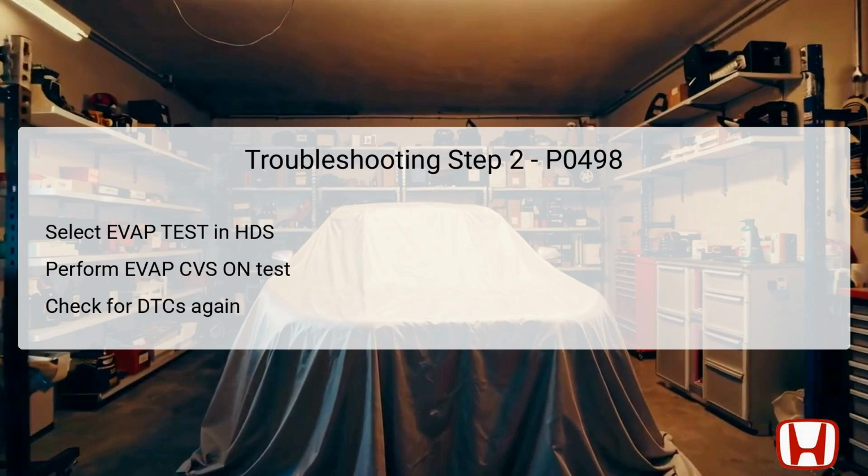After conducting this test, check again for any pending or confirmed DTCs with the HDS. This additional data will help determine if DTC P0498 continues to be indicated, thereby confirming the original diagnostic detection or revealing any intermittent failures. If the DTC persists, the issue is likely active and troubleshooting should progress to the next step.